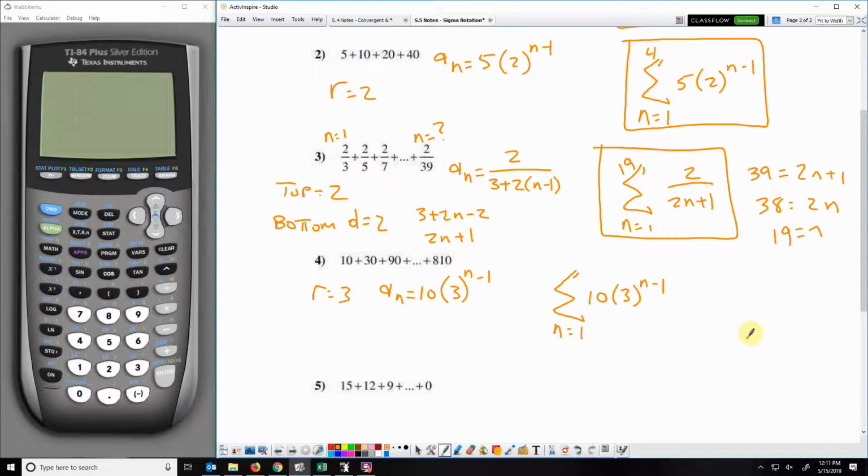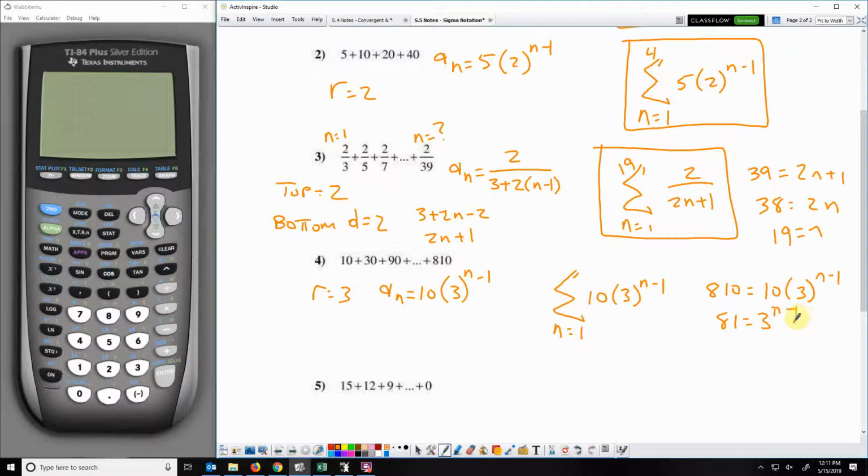So to find out n, my last term has a value of 810. And I'll set that equal to the expression, 10 times 3 to the n minus 1. I can divide both sides by 10. I get 81 equals 3 to the n minus 1 power.